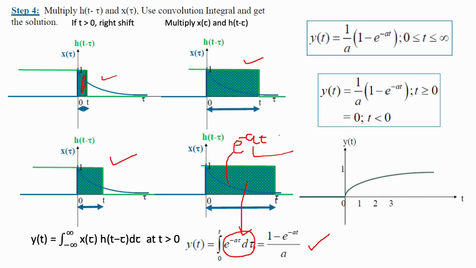At negative values, the amplitude becomes 0. If you take t equal to 0, the amplitude becomes 1. This is the concept behind it. If you substitute all the values, the waveform will be like this. So this is the convolution problem.